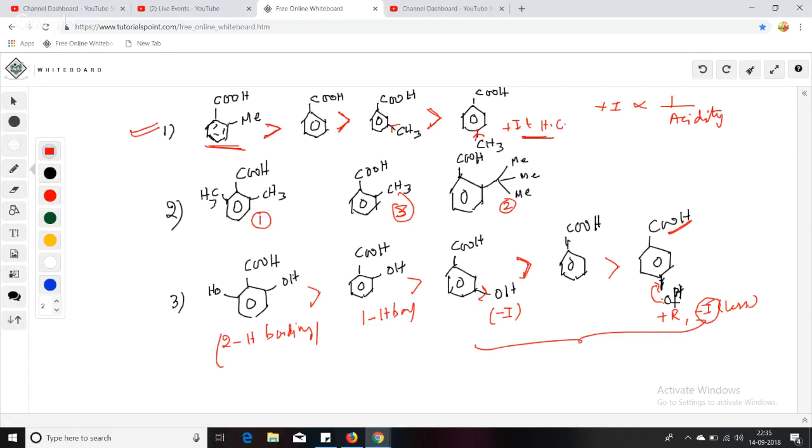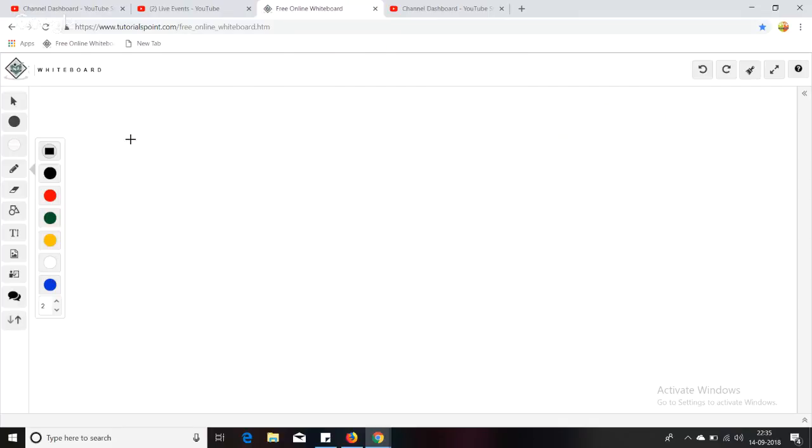But since oxygen has a lone pair on it, it can donate electrons to the ring, and because of this plus R nature, the acidity of this acid decreases. Two very important comparisons, or acidic orders, that you write down, the last two.